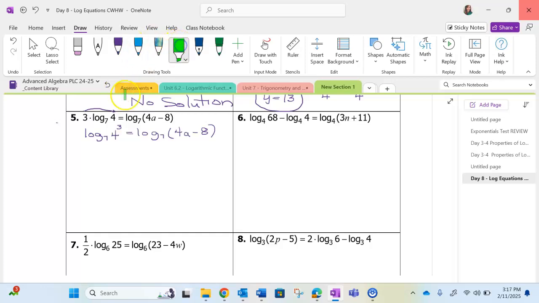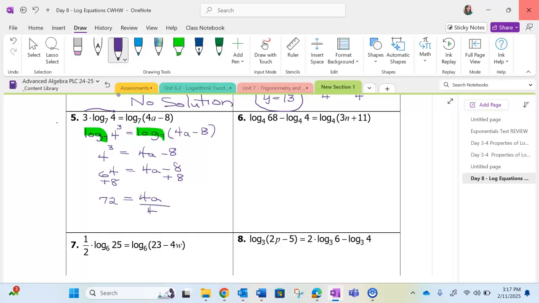Now, again, log once on that side, once on this side, we're good to go. And I can write 4 cubed equals 4a minus 8. Now 4 cubed is 64 equals 4a minus 8. I'm going to add 8 to both sides. You get 72 equals 4a. Divide by 4.